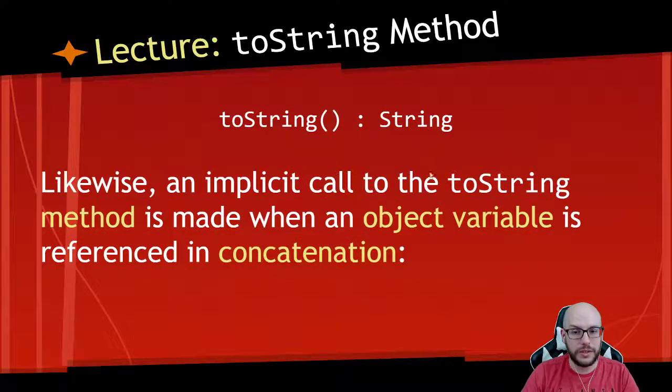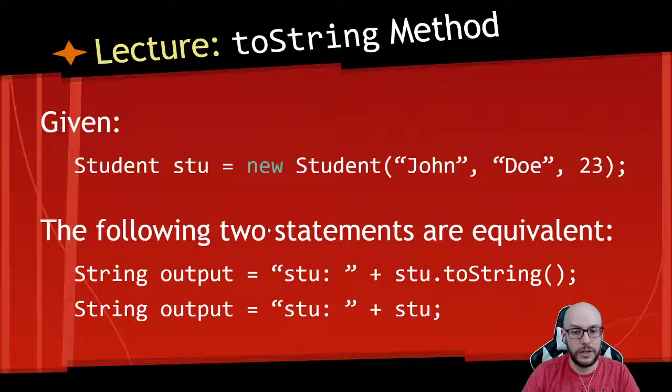Likewise, an implicit call to the toString method is made when an object variable is concatenated or is referenced in concatenation. Let me show you this. We're creating a student. We then have these statements down here. I am trying to take a string literal and concatenate it with stu.toString. Well, the toString method returns a string. So I'm trying to combine a string literal with a string, and I'm saving the result into a string.